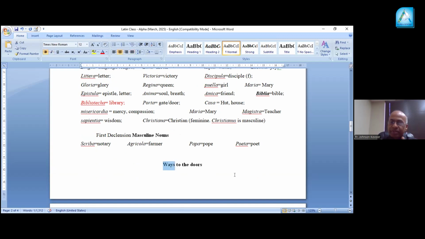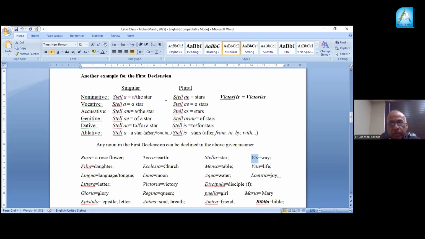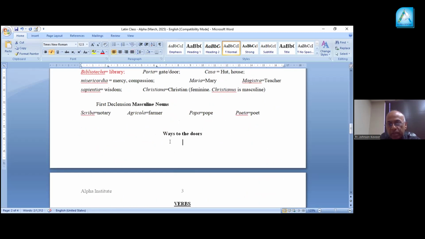You are coming closer, but ways is a nominative plural. We are saying to the doors. So now via is nominative singular. We want to make it plural. Then viae is plural, no? Like stellae, rosae. Okay, viae means ways.